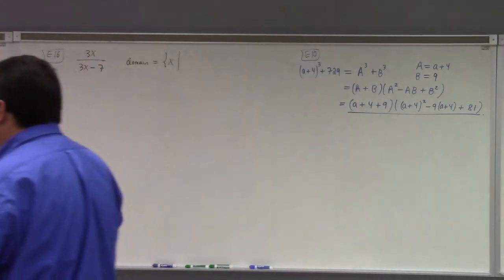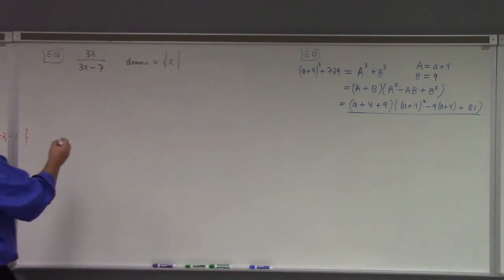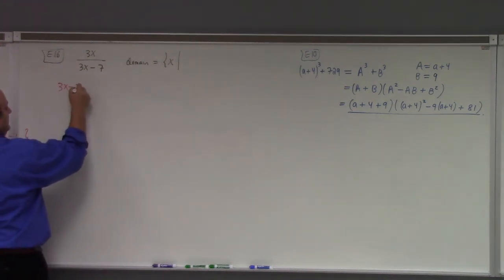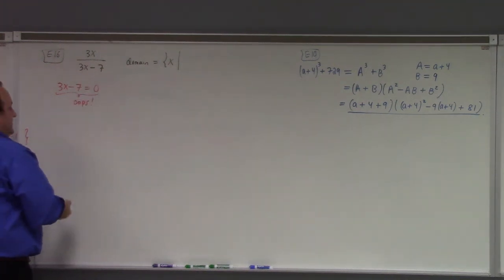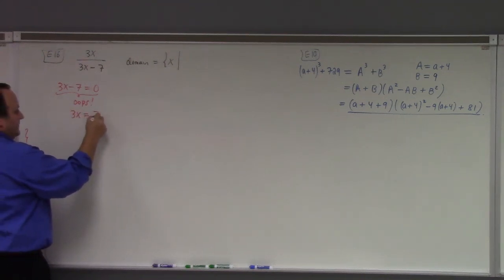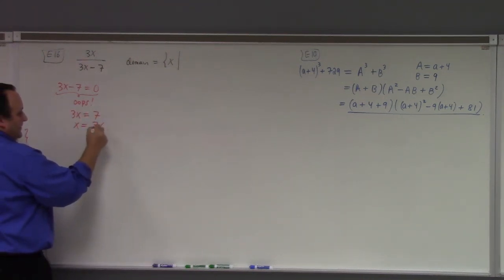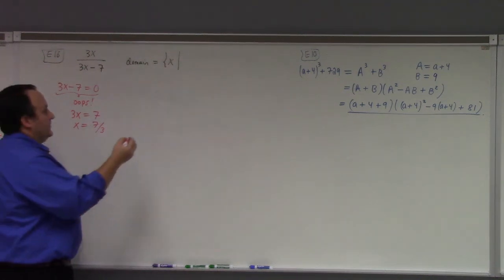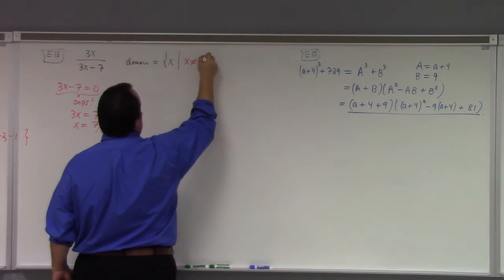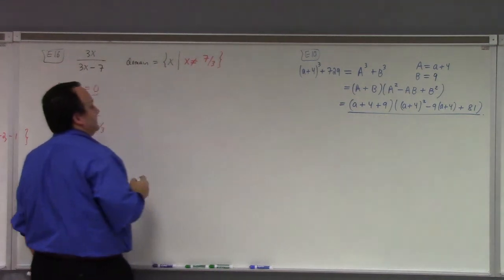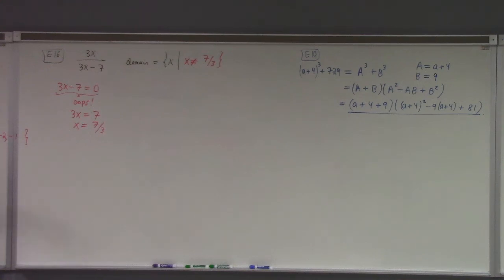Sometimes I just write an equality for what I don't want, right? So 3x minus 7 equals 0. If we have that, I mean, division by 0. So that would be 3x equals 7, x equals 7/3. So we want x not equal to 7/3. See, because this is the trouble. If we have that equal to 0, that's what gets us in trouble.